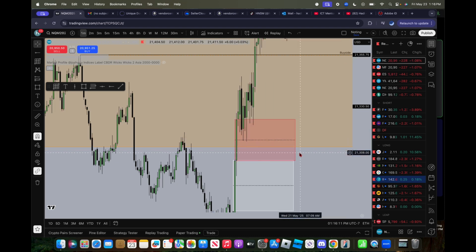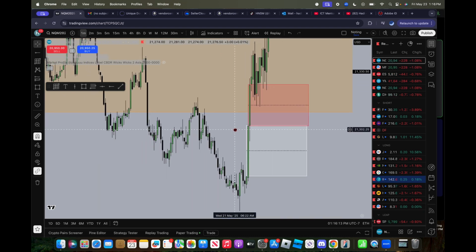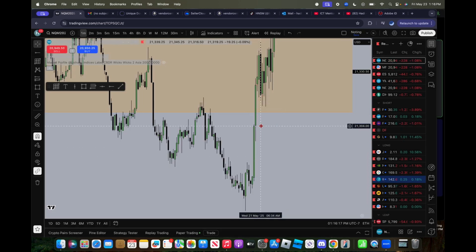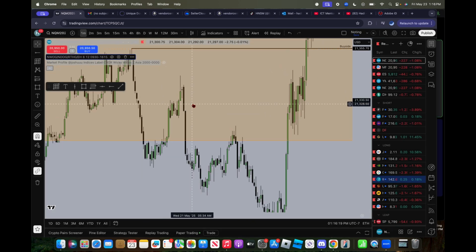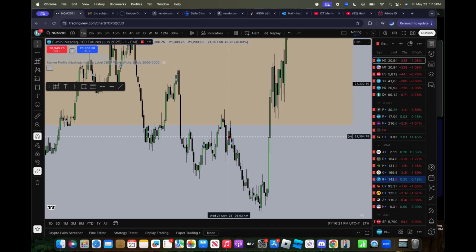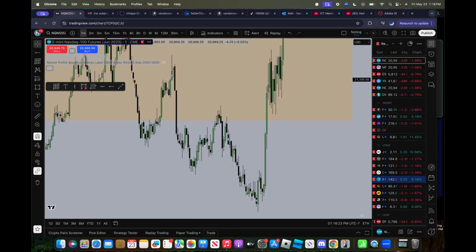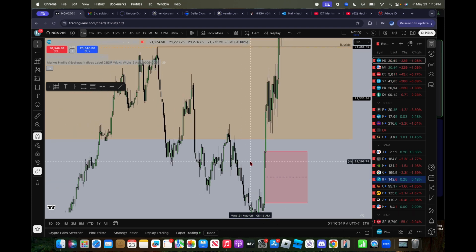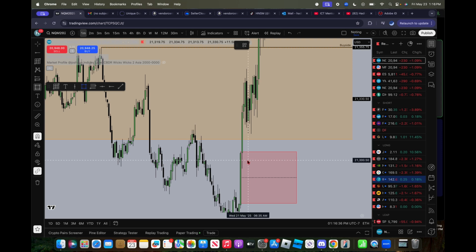It's not optimal when they align like this, but because of the conditions, by conditions I mean we're in a market maker buy model, and this is a determined breakaway gap. We know that pretty confidently, so that means the next fair value gap should be the institutional order flow entry drill.